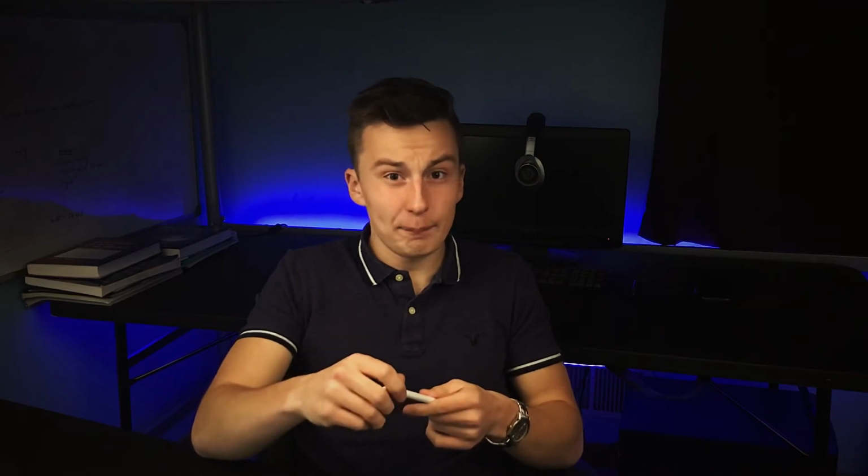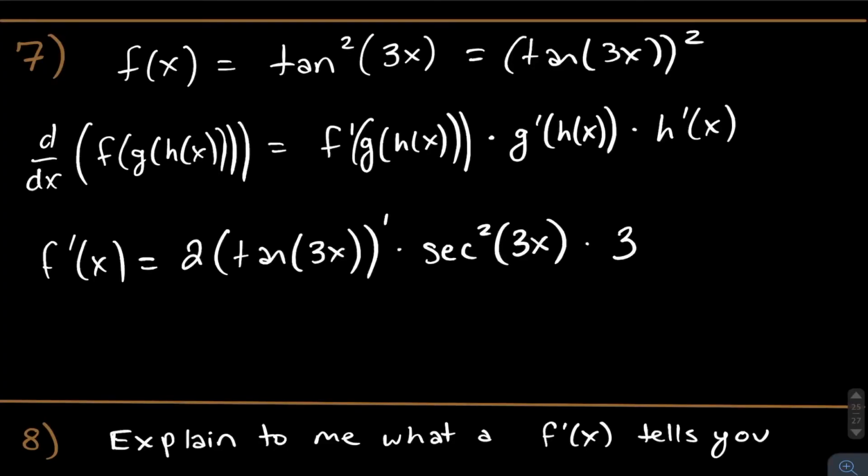Then we need to multiply by the derivative of the inside of the tangent function, which is 3x. The derivative of 3x is going to be 3, so we just tack that on. So f prime of x, combining this all together, is going to be 6 times tangent of 3x times secant squared of 3x.